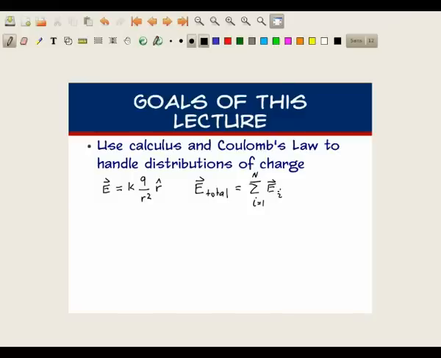Now, if you have a small number, you could do this sum by hand. In fact, you can do this with the dipole. But what if you have a huge number of charges? Well, large distributions, let's draw something amorphous and blob-like here.